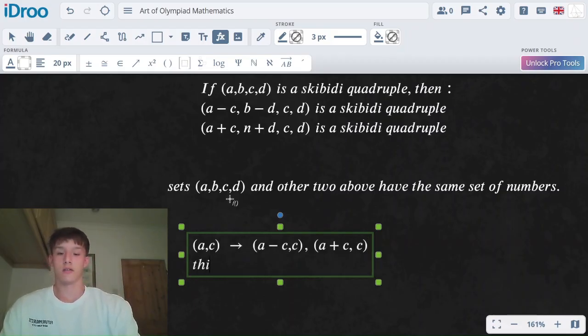Essentially, this is just Euclid's algorithm.